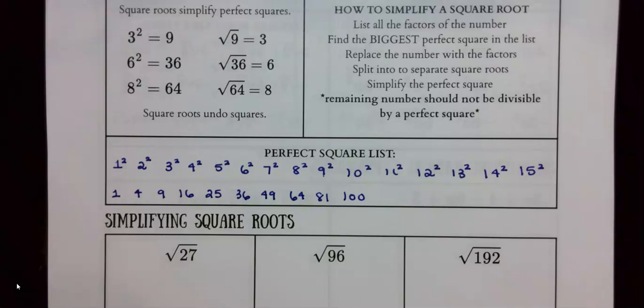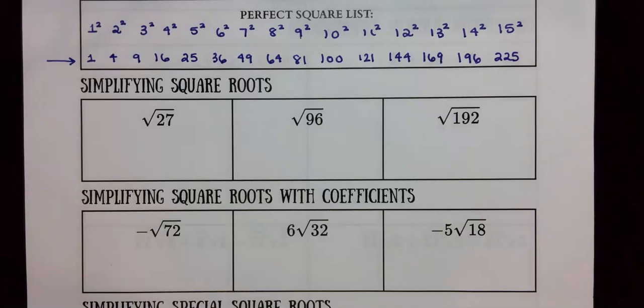All right, so I'm going to go ahead and add the rest, and then we're going to talk about how to simplify something like the square root of 27 and these other examples here. As you can see, I finished the list, and my perfect square list goes up to 225. So let's talk about how to simplify a square root.